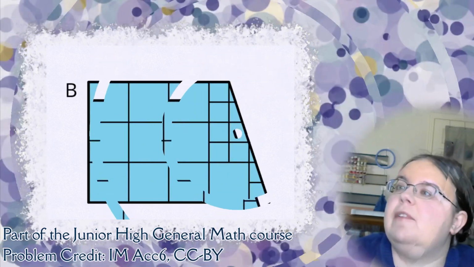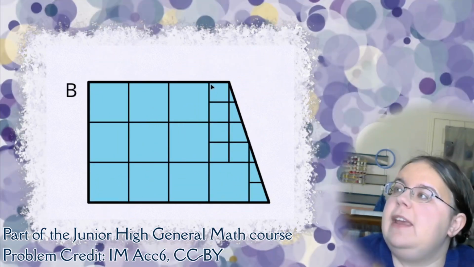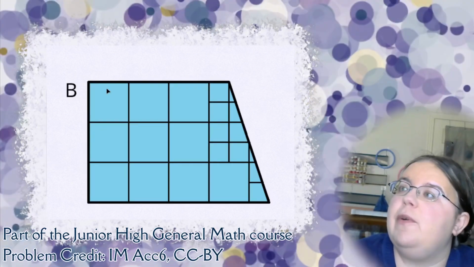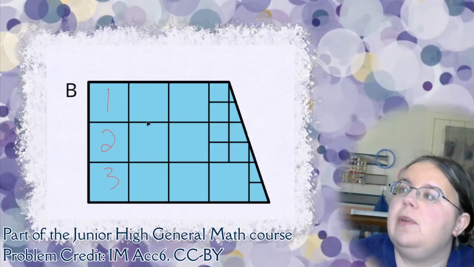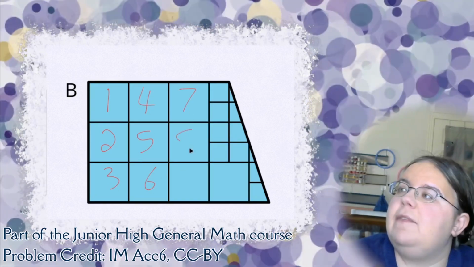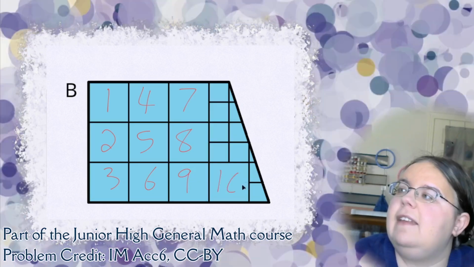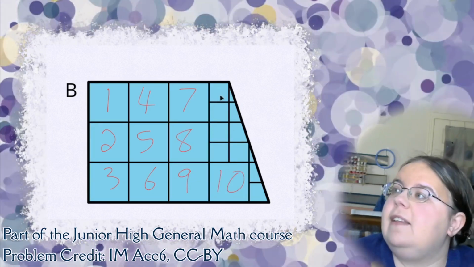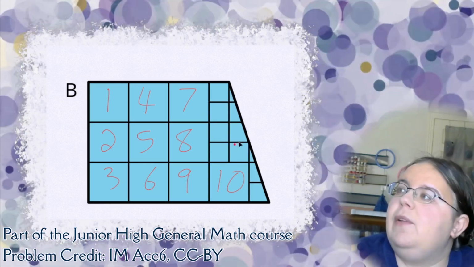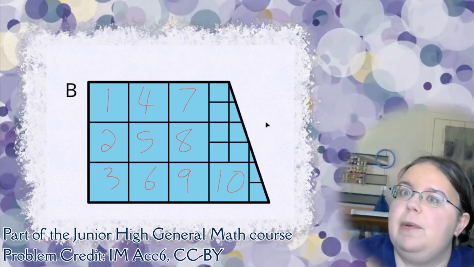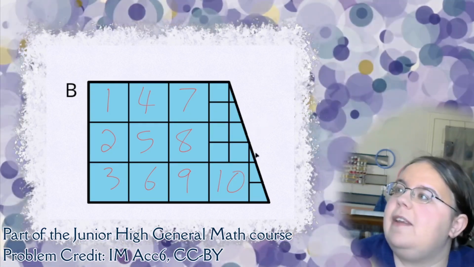Now let's look at option B. Now, this one is split down a bit, so we could start out the same way we did before. 1, 2, 3, 4, 5, 6, 7, 8, 9, 10. Then we could notice that, through here, we're looking at the squares that we had to sort of decompose and recompose to make, but we're looking at them in a different way.